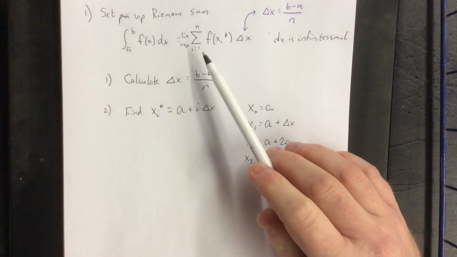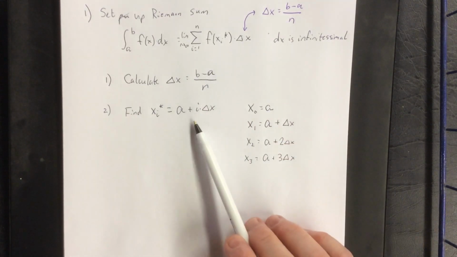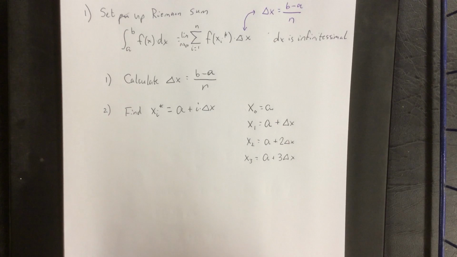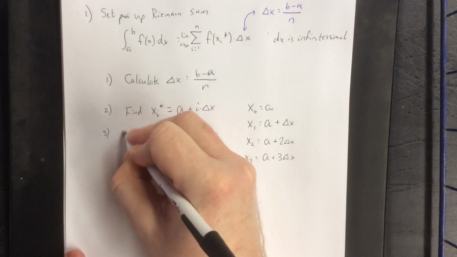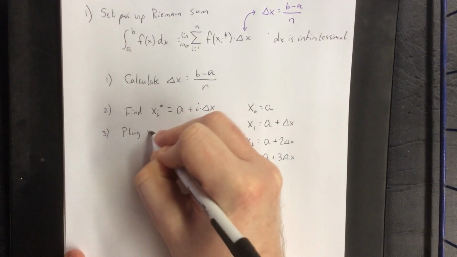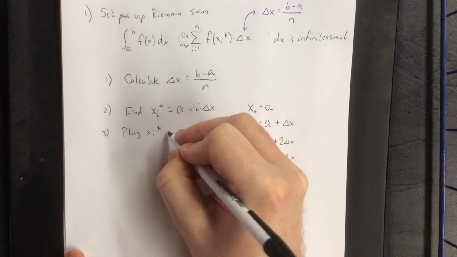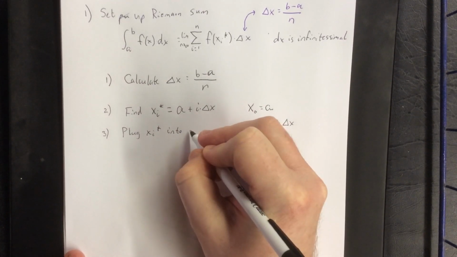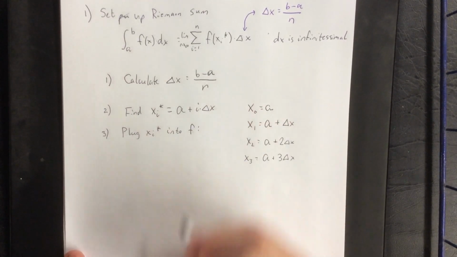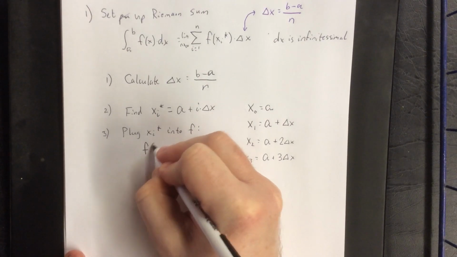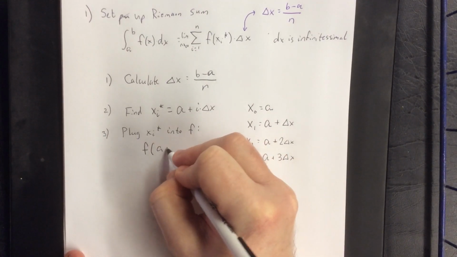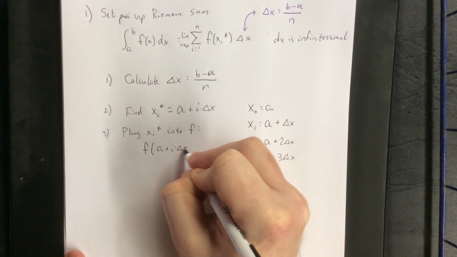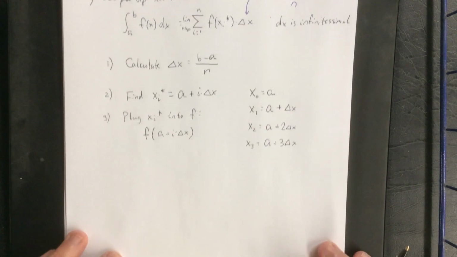In order to evaluate this summation, we're going to need a function involving some i's, and this is how we get them in there. Then we plug x sub i star into f. That gives us f of a plus i times delta x, but really it's whatever expression you had.